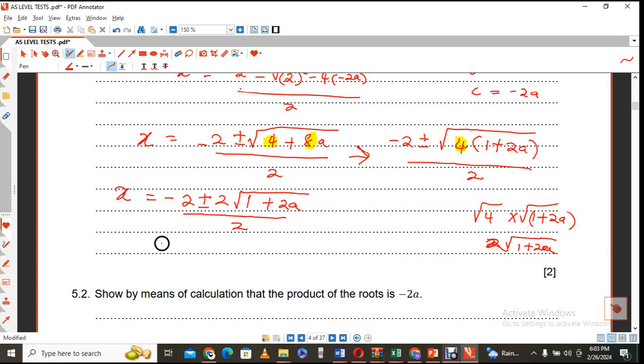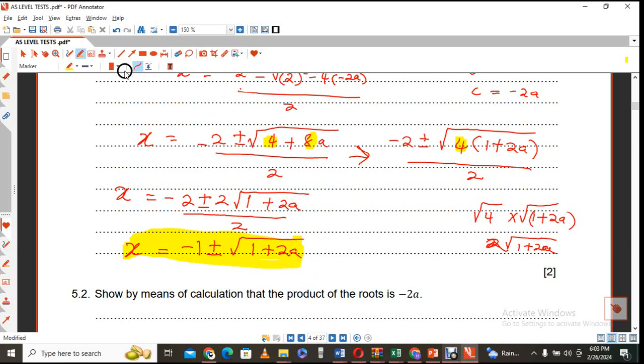You can divide by that 2, because you have 2 terms. So x equals minus 1 plus or minus the square root of 1 plus 2a. What I was looking for when I said leave this in the simplest form is this particular value, and that's going to help us find the answers for the second part.